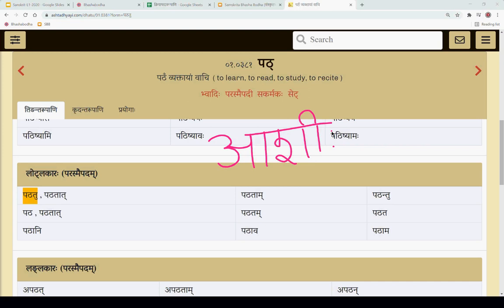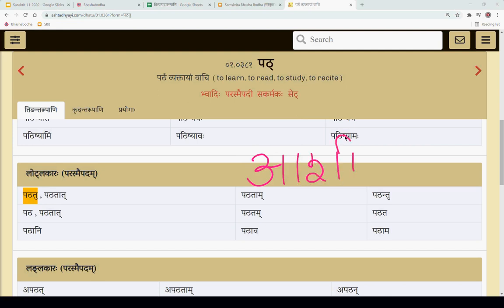If any of you remember the lakaras that we just looked at in the Kriyapada class, one of them was Ashirling. There was a lakara called Ashirling, for wishing.